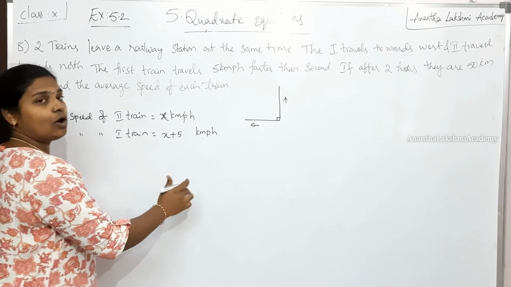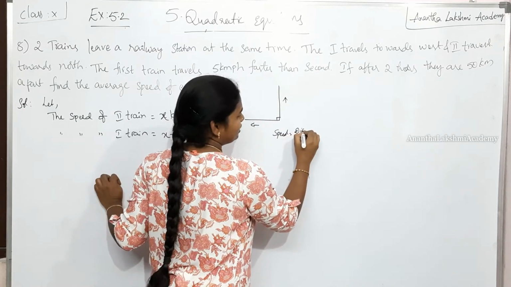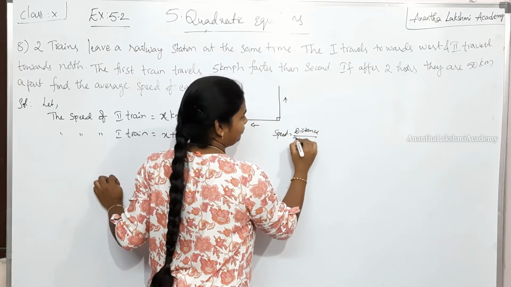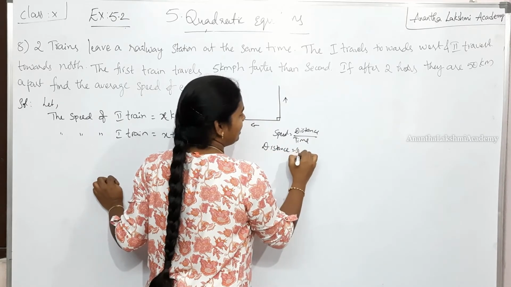So, we have the formula, right? Speed is equal to distance by time. From here, distance is equal to speed into time.